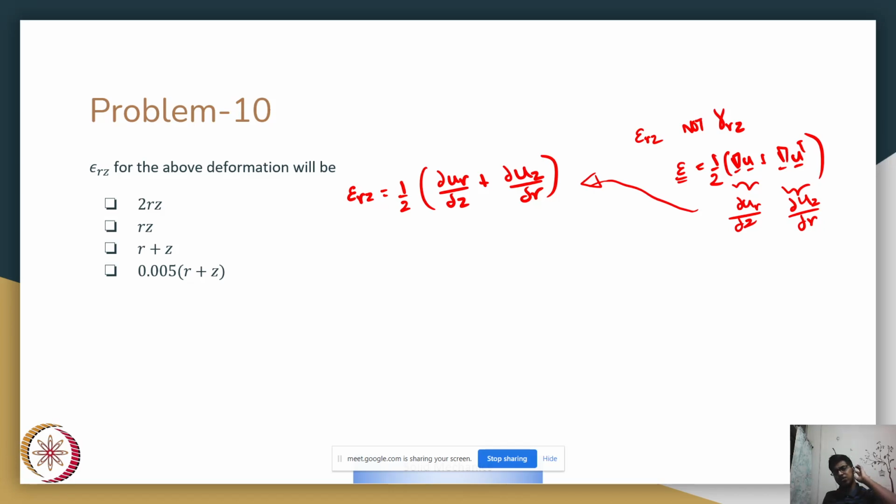Anyways, the epsilon rz would be half of the symmetric sum, right?